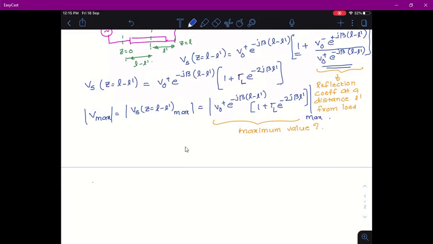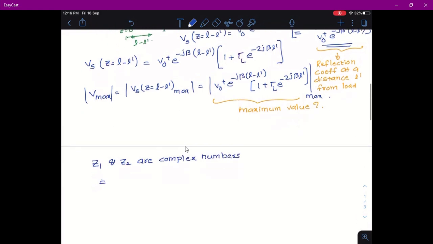So, you know that if Z1 and Z2 are complex numbers, it implies the magnitude of the product of the complex numbers is equal to the magnitude of the first number multiplied by the magnitude of the second number.